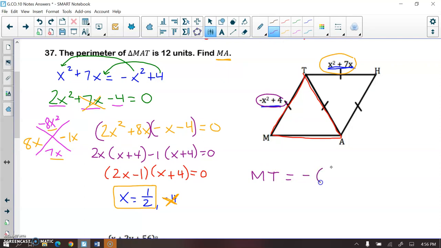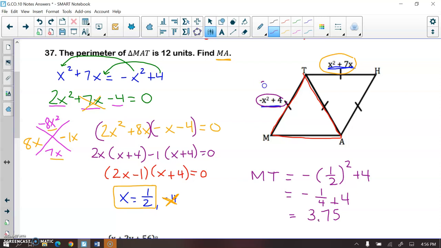I have a negative and then a 1/2 squared plus a 4. So this comes out to be a negative 1/4 plus a 4. So this is going to be a 3.75. Or a 3 3/4 if you want to write it as a decimal.